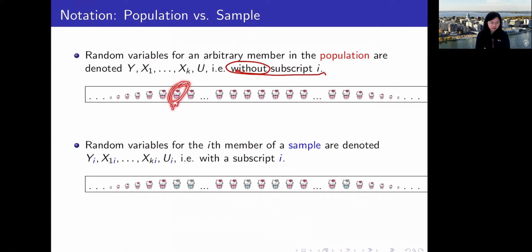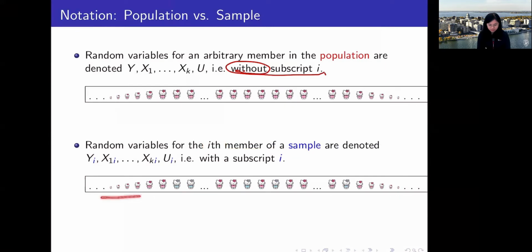And the characteristics of this arbitrary member of the population is denoted by these symbols without the i in subscript. On the other hand, we will add a subscript to these random variables if we take these random variables to be the characteristics of the ith member of a sample.